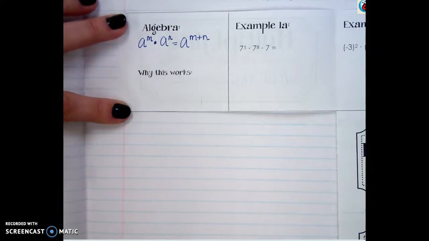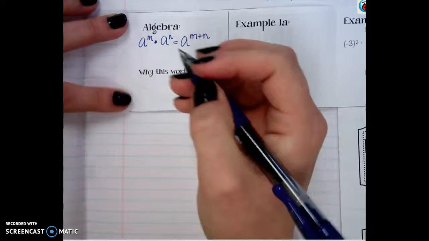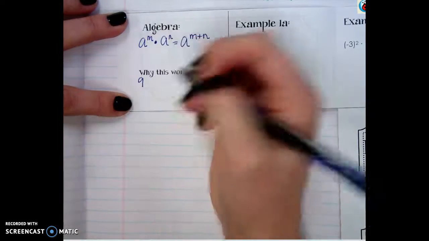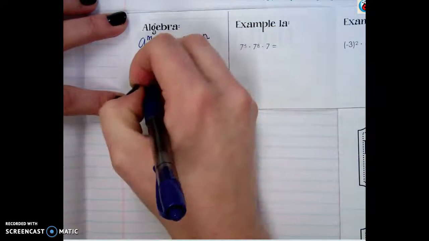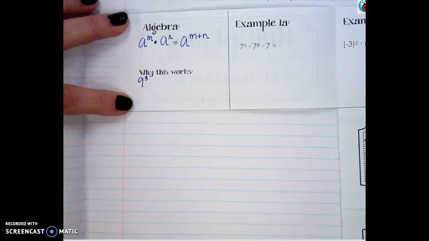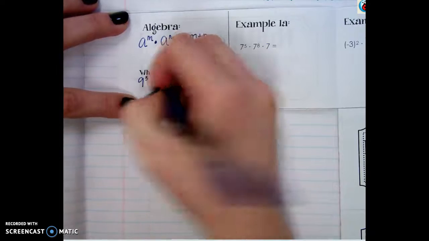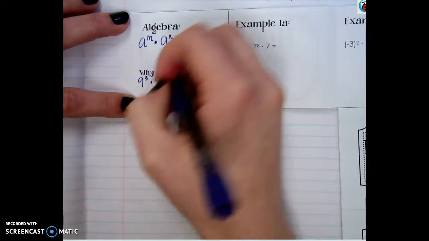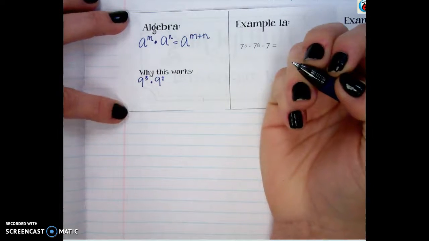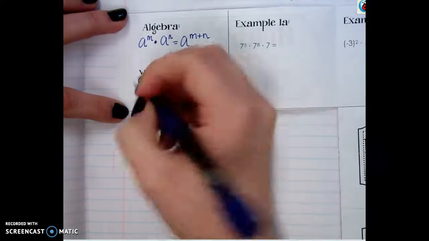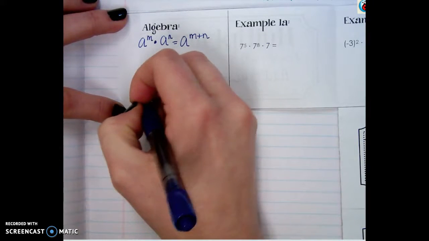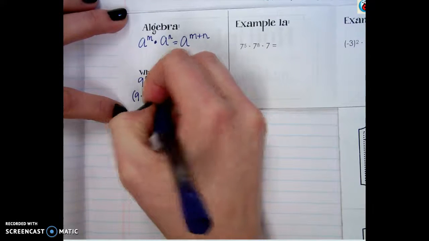And now let's look numerically and see why this works. So I'm going to use an example, let's say 9 cubed, or to the third power, times 9, keeping the base the same, to the second power. So broken down in expanded form, that looks like 9 times 9 times 9.